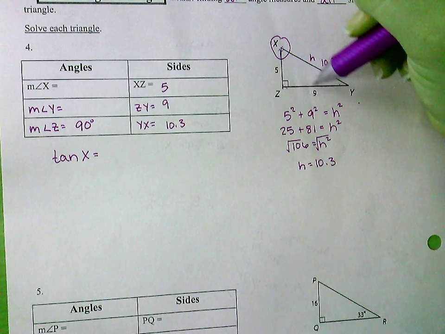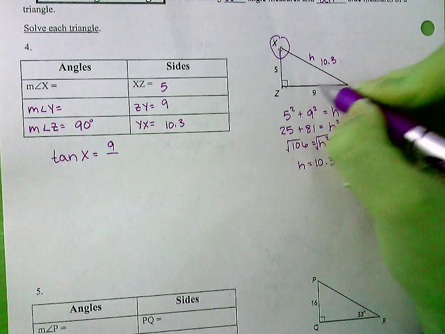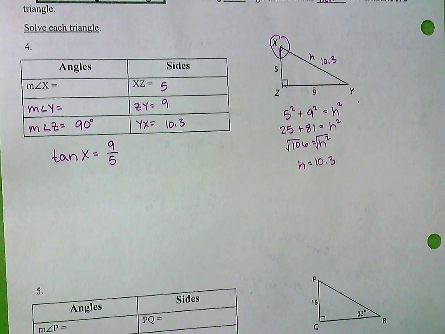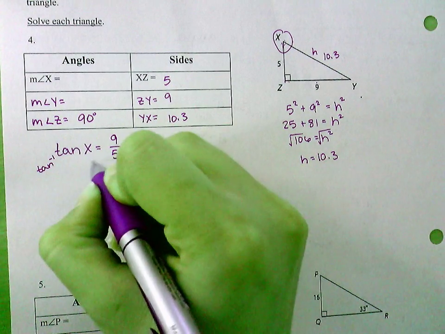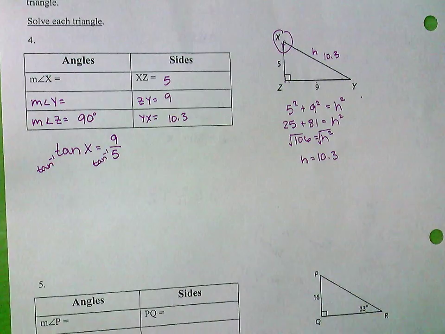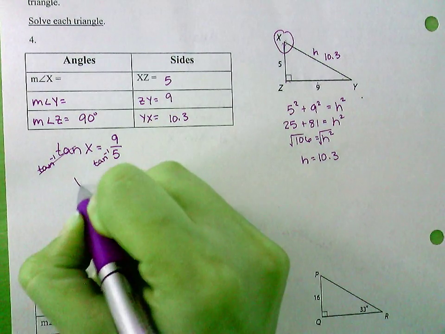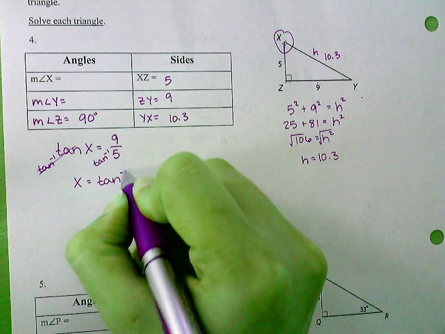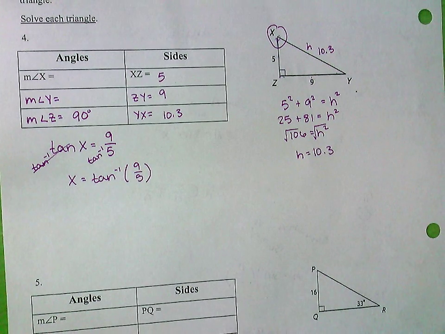That's equal to the opposite side is 9 over the adjacent side is 5. You bring in the inverse. They cancel on the left. So we have X is equal to the tangent inverse of 9 over 5. And you can plug that into your calculator.